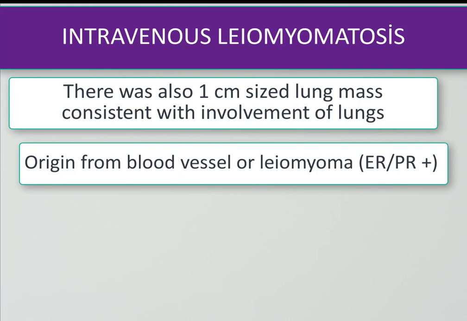The neoplasia is ER and PR positive, and this positivity is not seen in the vessel wall. So probably the second theory is right, that the origin is a leiomyoma in the uterus that invades the vessels.